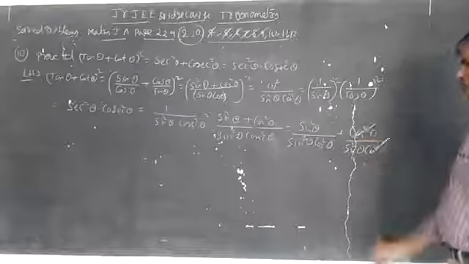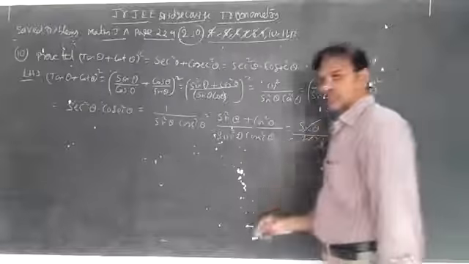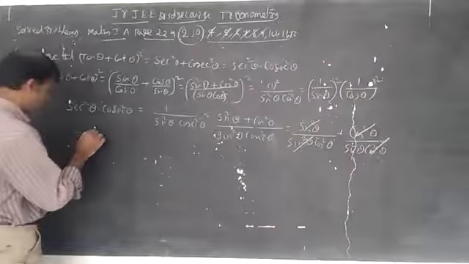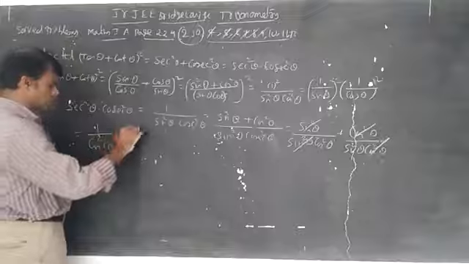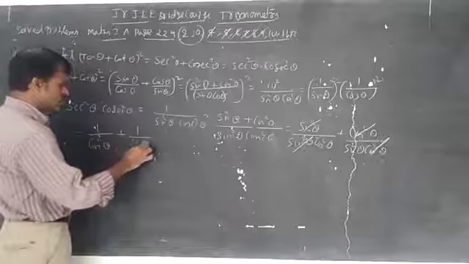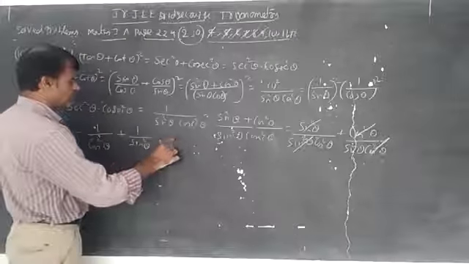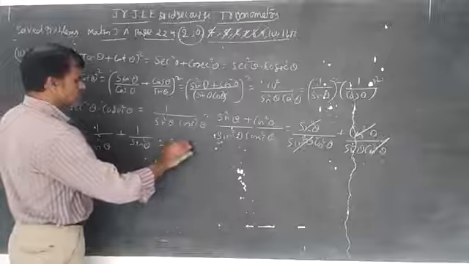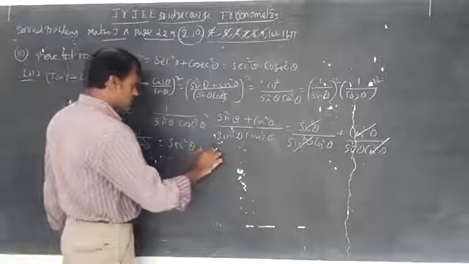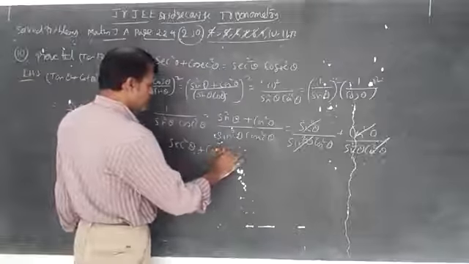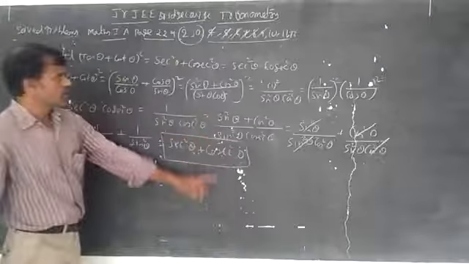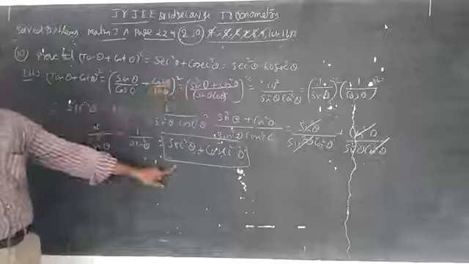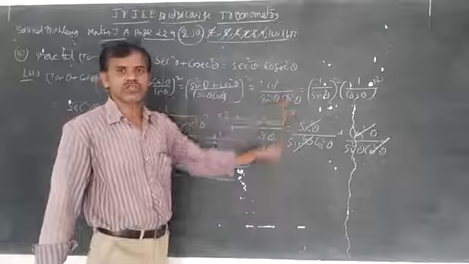Now cos square theta gets cancelled, sin square theta gets cancelled. We get 1 by cos square theta plus 1 by sin square theta. 1 by cos square theta means secant square theta, and 1 by sin square theta means cosecant square theta. So we got secant square theta plus cosecant square theta.